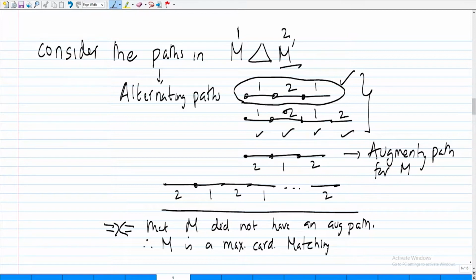So, the algorithmic questions are natural now. Given a graph G and a matching M, check whether this matching is a maximum cardinality matching or not. Look for augmenting paths using the method that we discovered earlier. How efficiently can you implement it is a very natural question.